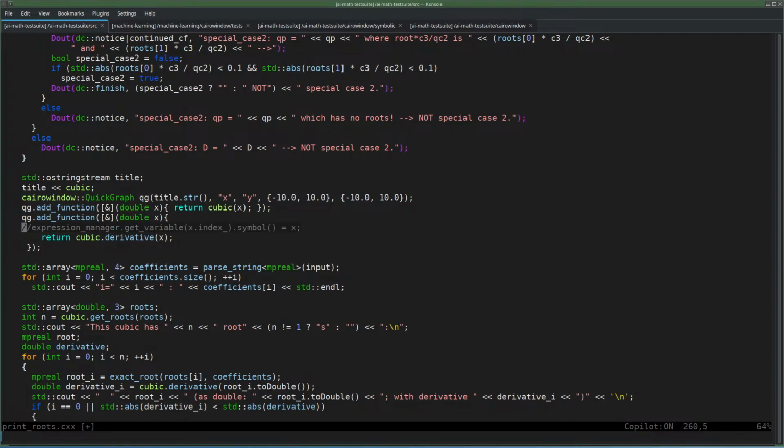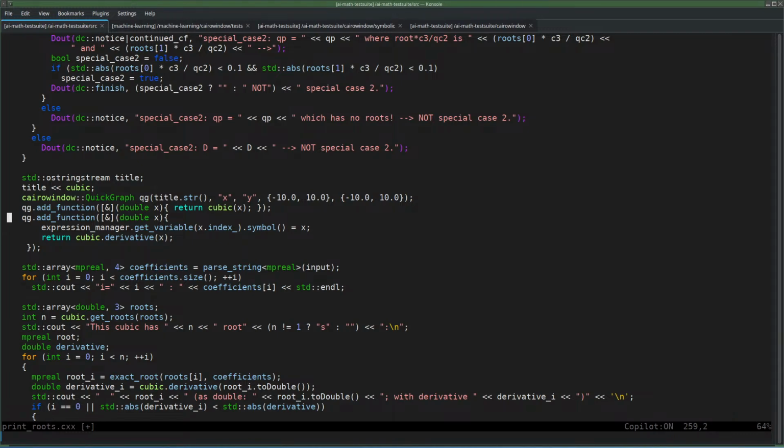So I can do this. Expression manager get variable x index. Symbol becomes x. Can just do that. Now you can evaluate the formula and then draw that.